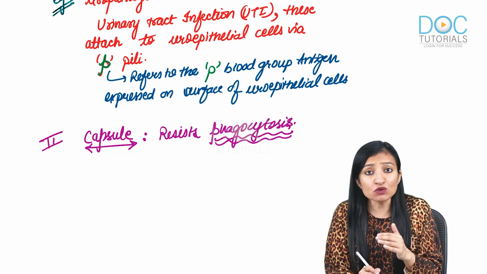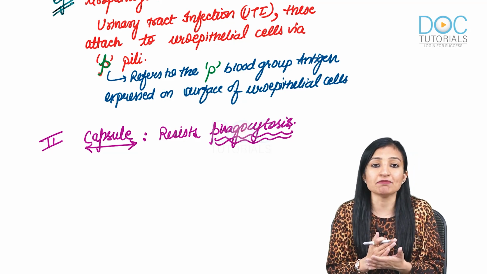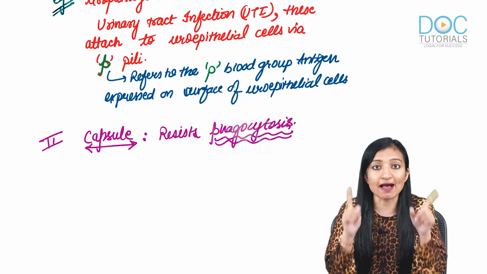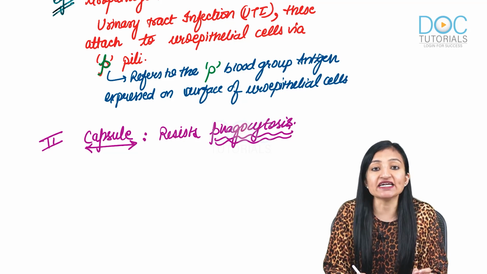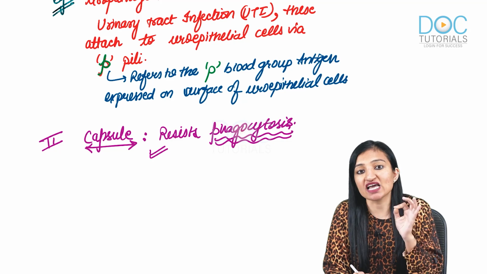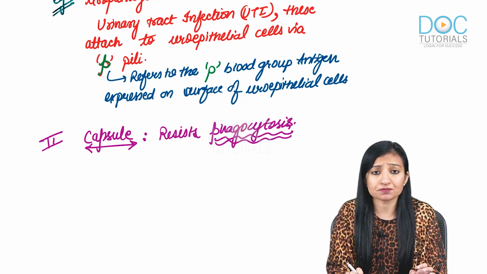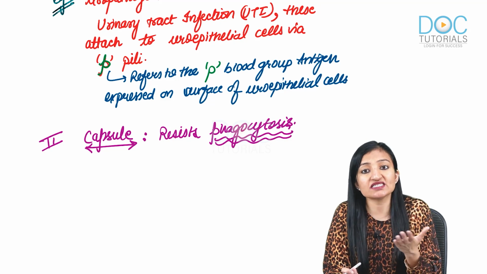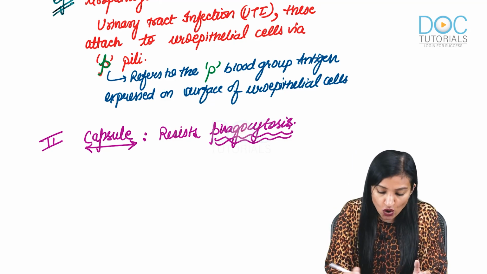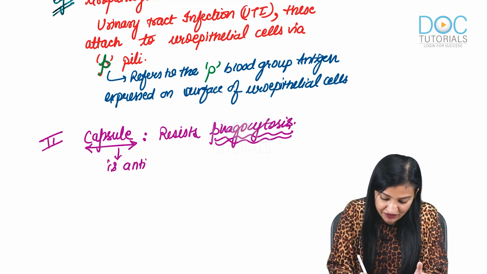But our immune system faces a challenging task whenever we get infected by an organism which has got the capsule, because it is very tough for phagocytosis to happen in case of capsulated organisms. So this is what is meant by the capsule resisting phagocytosis, or in other words we can also say that the capsule is antiphagocytic.